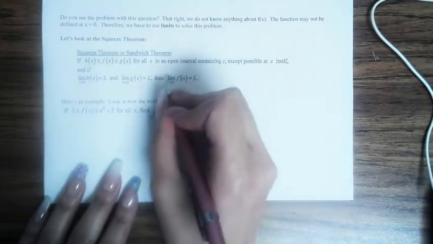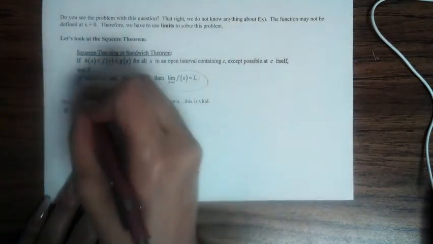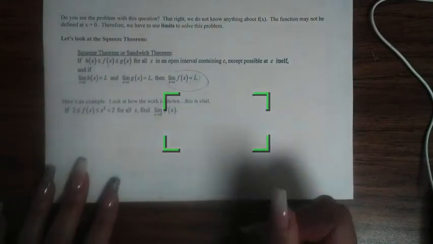You are going to ask me, when are we going to use this? Well, when you don't have enough information about this one, but you have enough information from the sides. That's why we call it the squeeze theorem, because we're sandwiching the function in the middle.